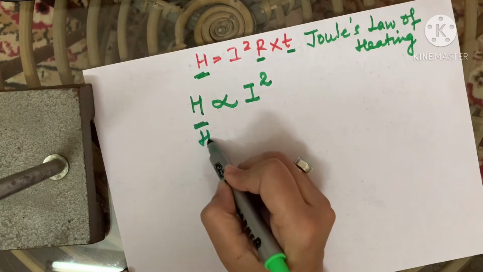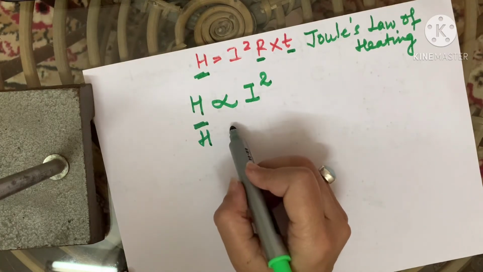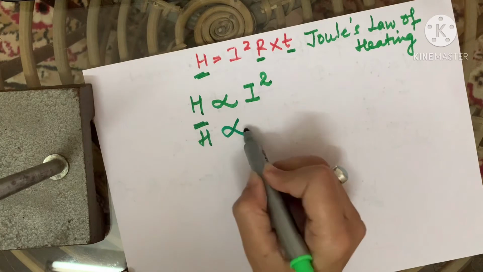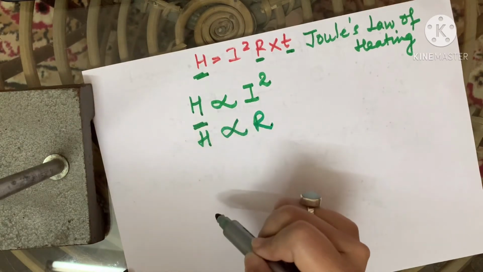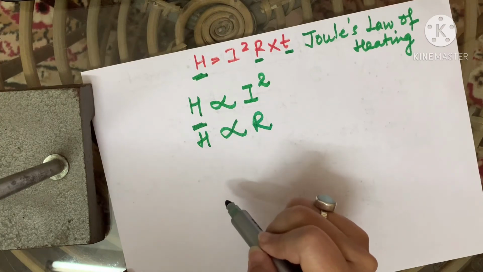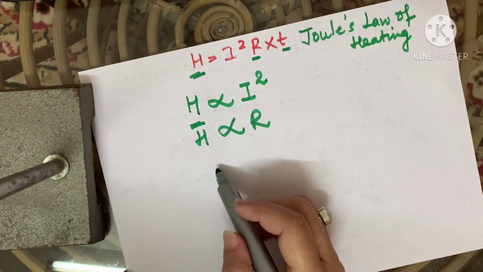And it is clear from the formula that H, heat produced, is directly proportional to the resistance. For example, if we double the resistance, the heat produced will also get doubled.